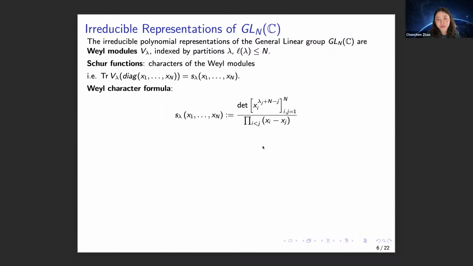And we have a Weyl character formula to compute the Schur functions. It's defined to be the determinant of this large matrix x_i to the lambda_j plus n minus j, divided by the Vandermonde determinant.